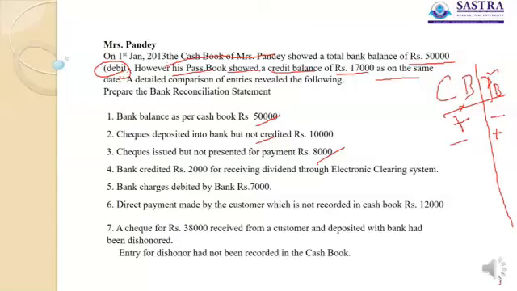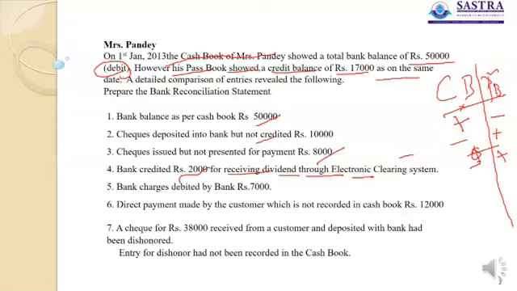And the bank credited rupees 2,000 for receiving the dividend through the electronic clearing system. The bank credited the trader's account, Pandey's account, for the dividend from the securities received, which has not yet been brought into the notice of Pandey, so it may be minus in the cash book and plus in the passbook.